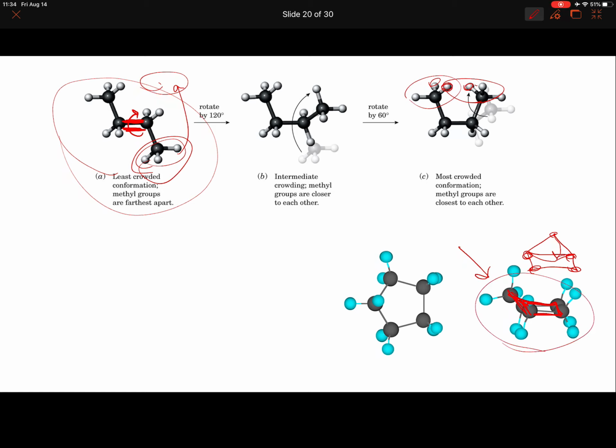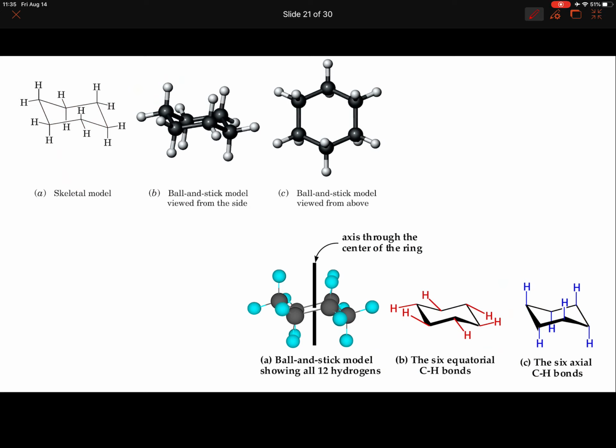That's the most stable conformation, and it makes sense because all of the groups are pointing away from each other. Nothing is crowding. When we get to six-membered rings, we see the same kind of thing. The most stable conformation of a cyclohexane ring, which is six-membered, is called the chair conformation.